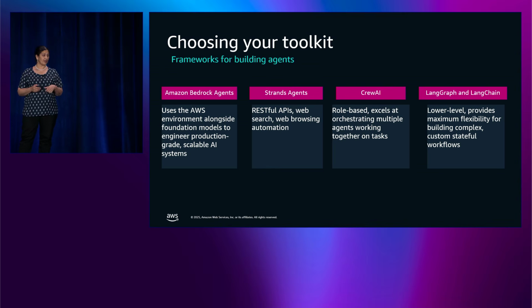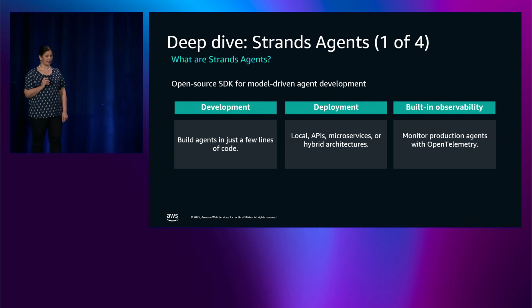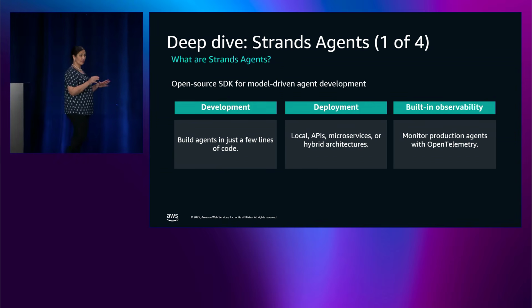You can create agents using Lambda functions and then use them for your AI application. But there are many open source frameworks as well, like Strands Agents, CrewAI, and LangGraph plus LangChain. So let's have a look at those open source frameworks today. We'll start with Strands Agents. This is an open source software development kit.